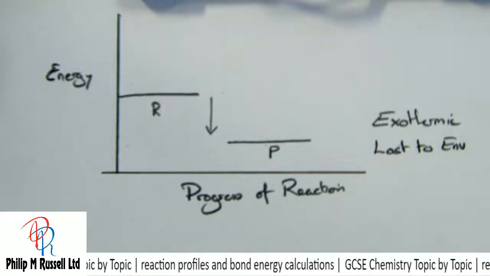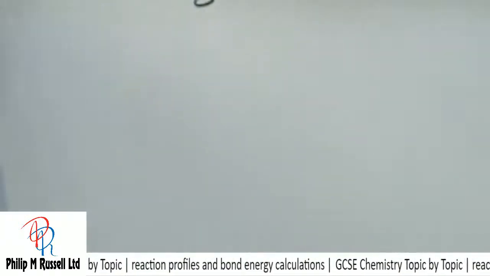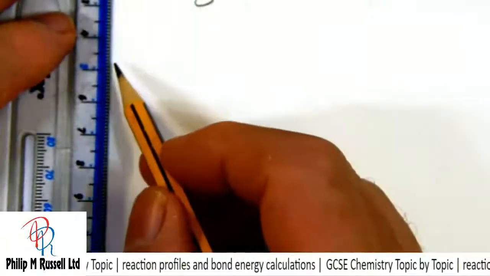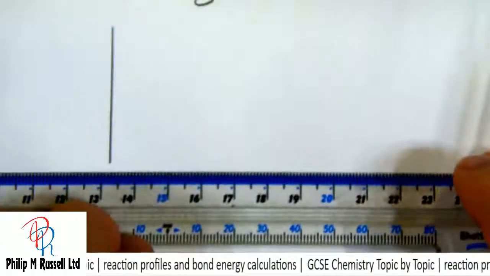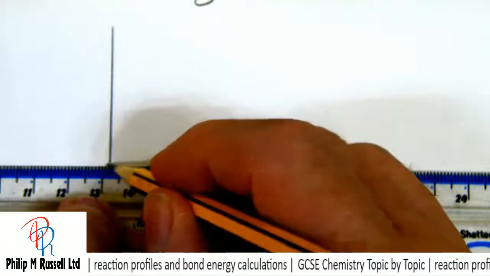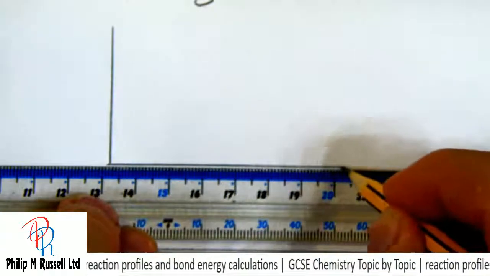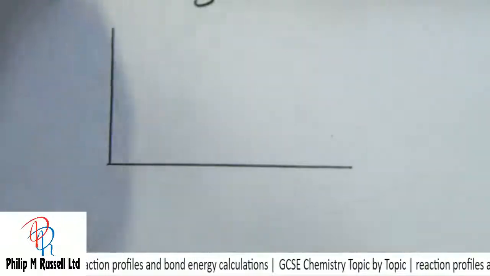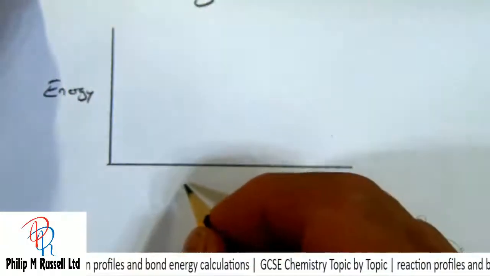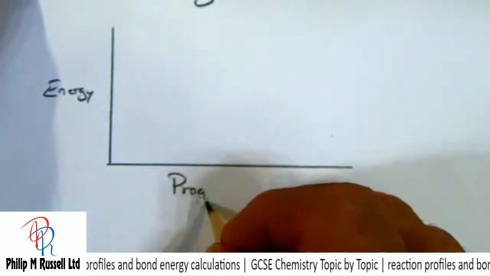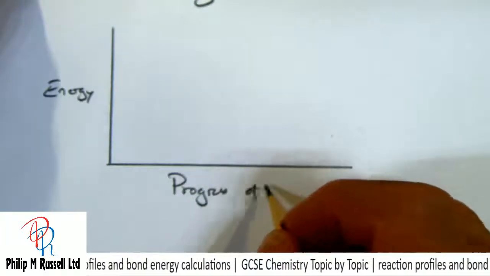We've got another reaction that looks like this. But this is an endothermic reaction. So, much as the other one, we've got energy and we've got progress of the reaction.